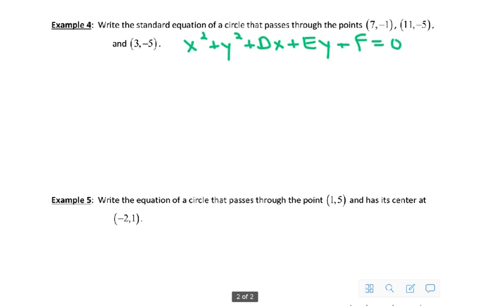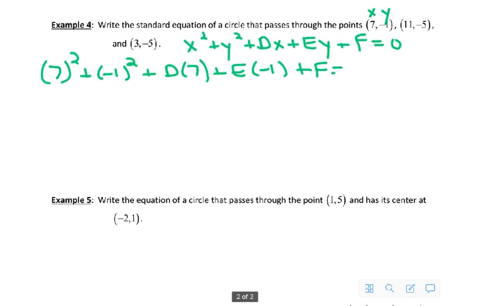What we're going to do is create 3 equations with 3 unknowns. The first equation, I'm going to plug in 7 for x and negative 1 for y. So I'm going to get 7 squared plus negative 1 squared plus d times 7 plus e times negative 1 plus f equals 0. The second equation, I'm going to plug in 11 for x and negative 5 for y.